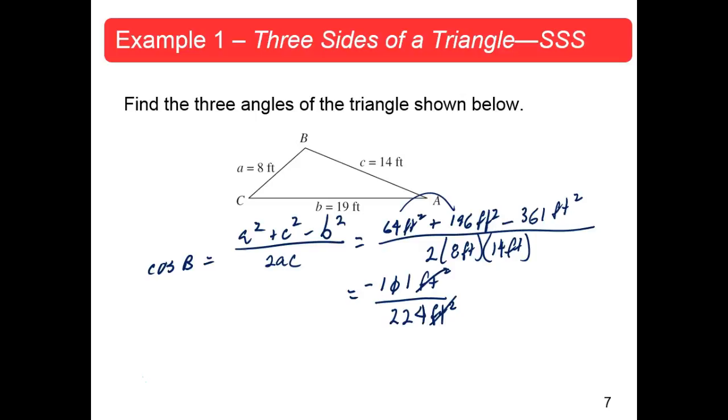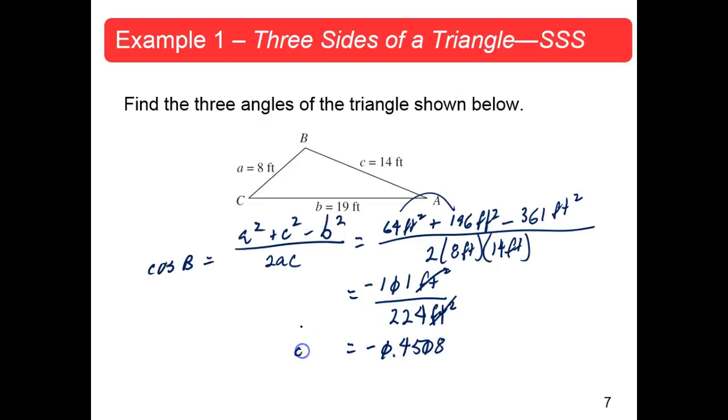And that then yields, here you need a calculator, a negative number, 0.4508.